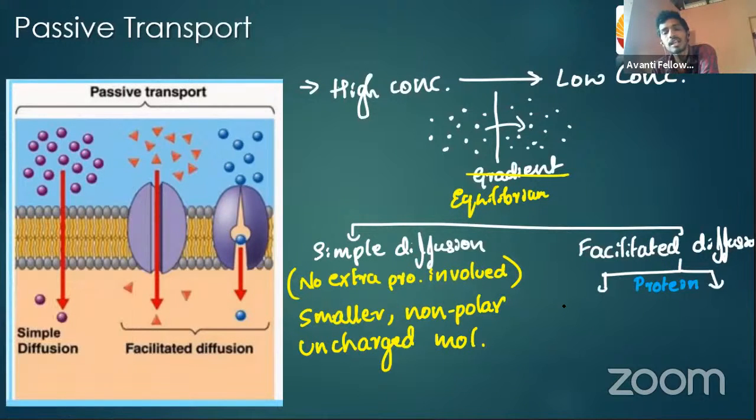In the protein there are two types. One is the channel protein, and another one is the carrier protein. What's the difference? As you can observe in this diagram, the molecule concentration is highest here, and this molecule is transferring directly from here to here.